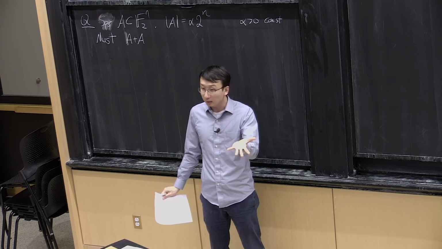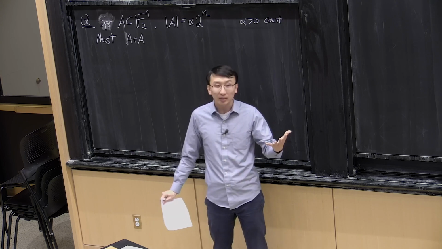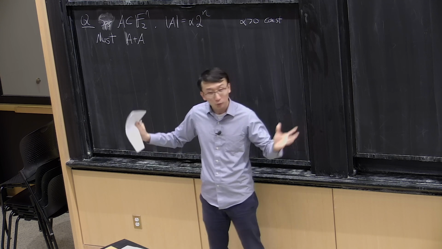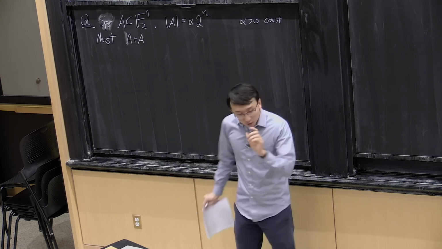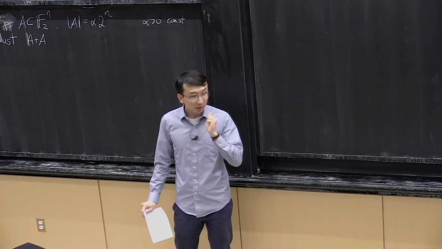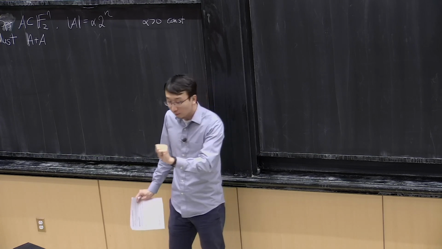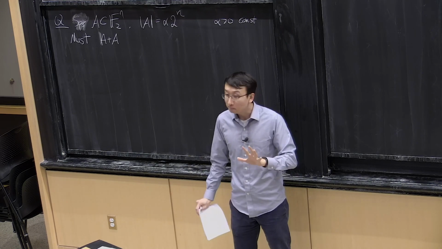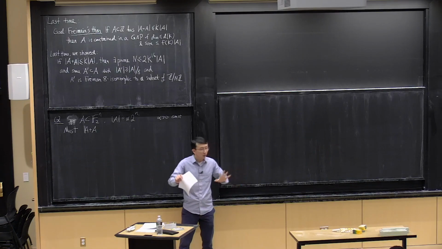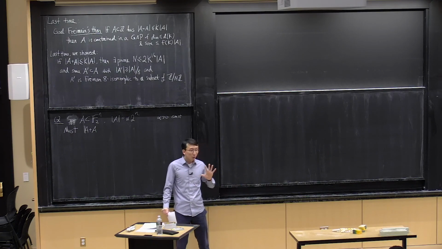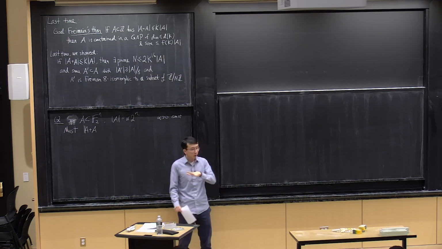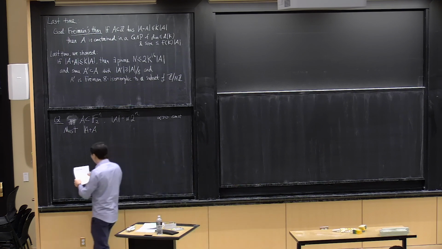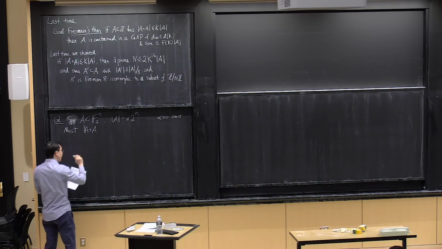It doesn't necessarily contain any large subspaces, because it could be, for example, a random subset of F_2^m. But there's a general principle in additive combinatorics or in analysis: if you start with a set that is quite large, and it's a bit rough, sort of all over the place, then if you add A to itself, it smooths out the set. So A plus A is much smoother than A.